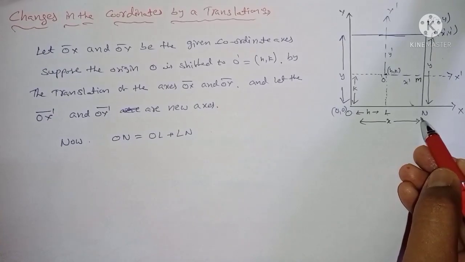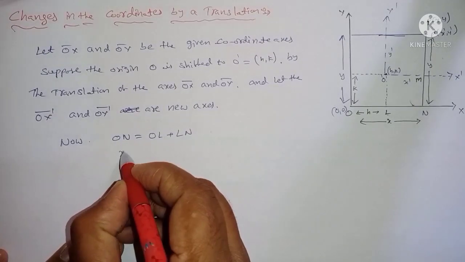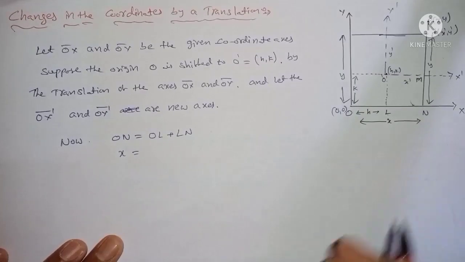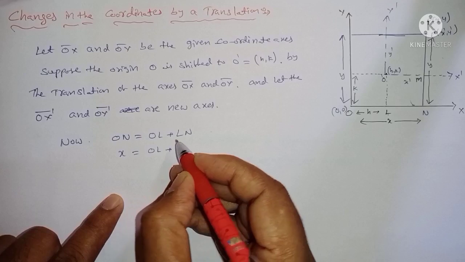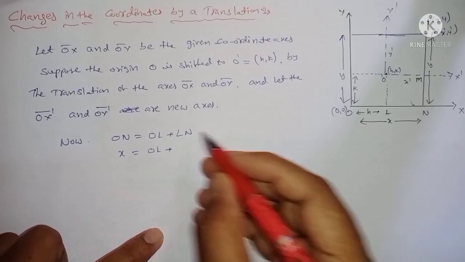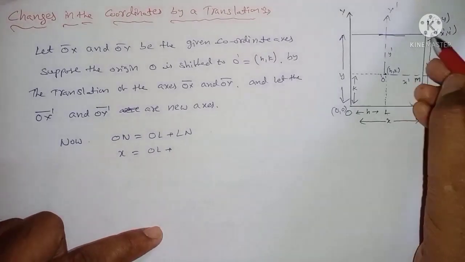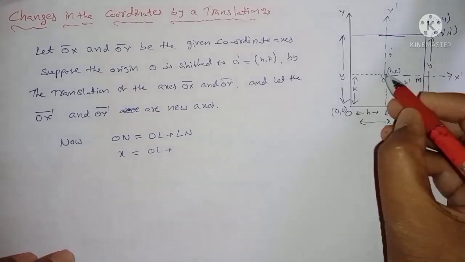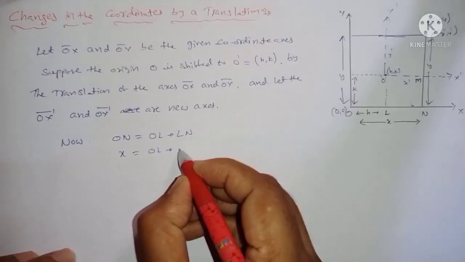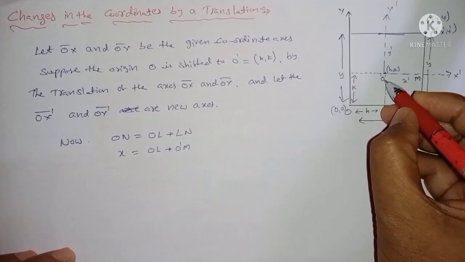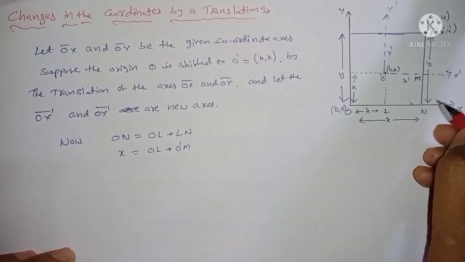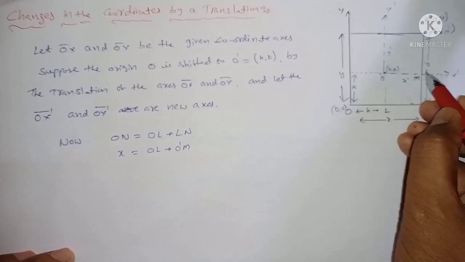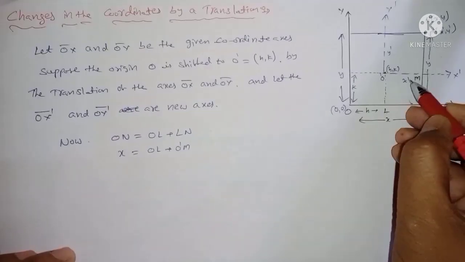Then x is equal to OL plus Ln, where Ln is nothing but O dash m, which is parallel, and O dash m is nothing but x dash.